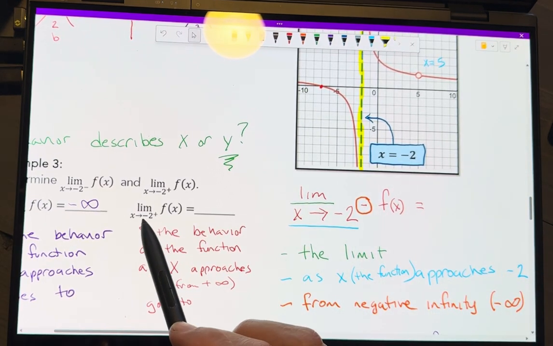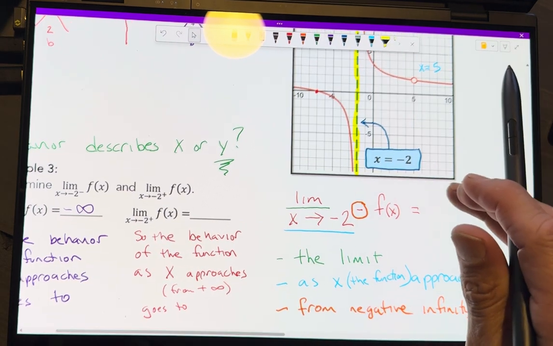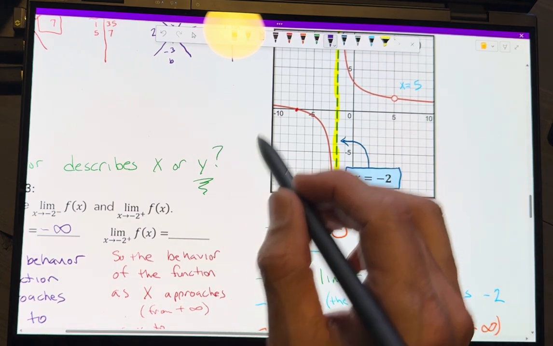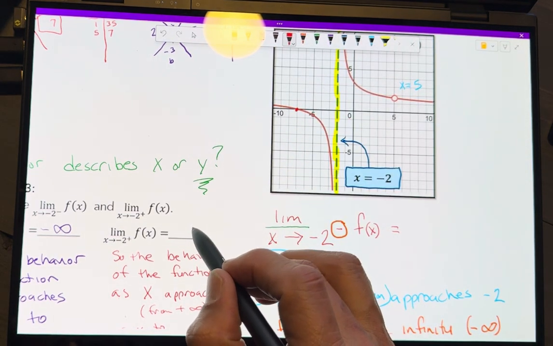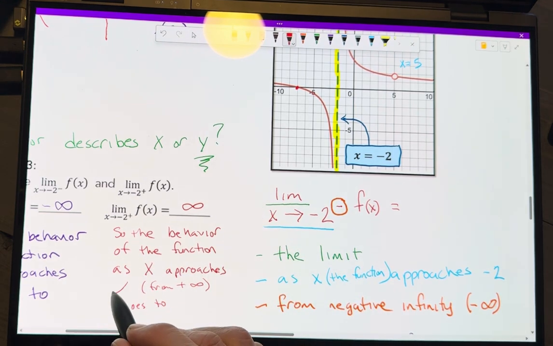And here we are here. So the limit as x approaches -2 from the right, our y's get more positive, right? So it goes off into positive infinity.